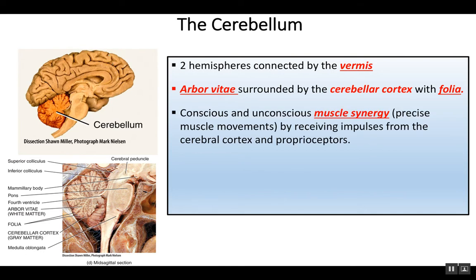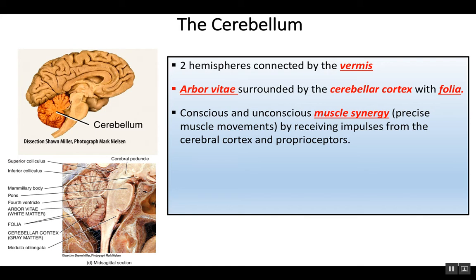What does the cerebellum do? Well, it's involved in what we often refer to as muscle synergy. Muscle synergy is the precision that many of your muscles require. What this part of the brain does is, instead of just causing muscle contractions, it helps smooth those muscle contractions.